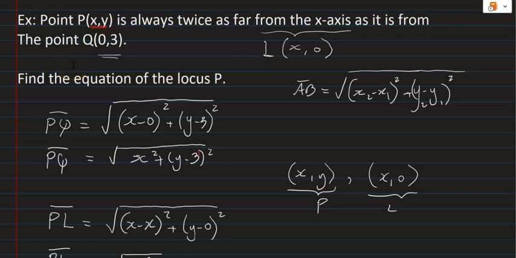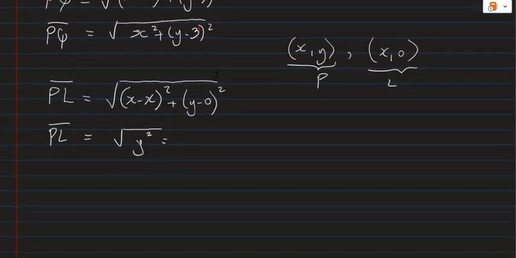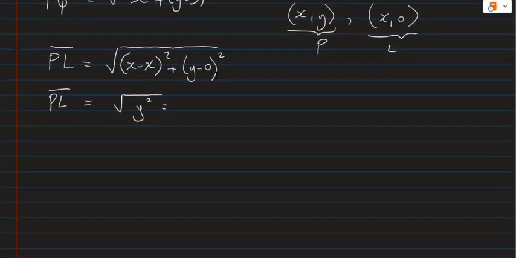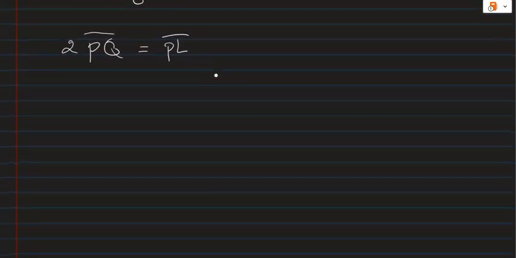So our next step is to write the equation based on the condition given to us from point P, the x-axis, and the coordinate (0, 3). Point P is twice as far away from the x-axis as it is from the point Q. So the way you write it is 2 PQ equals PL. That means 2 times the distance PQ must be equal to the distance PL. So we're going to rewrite the whole thing now.